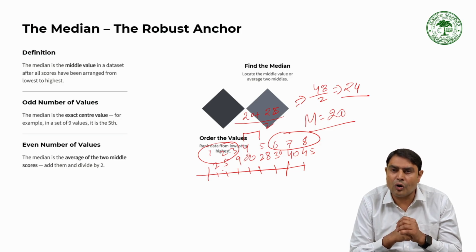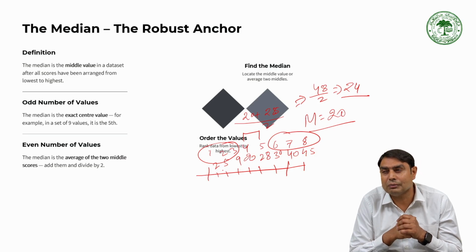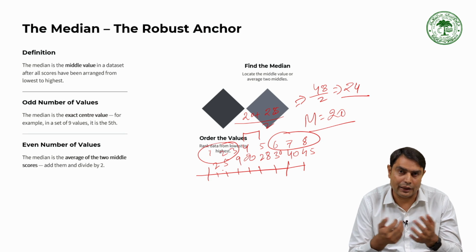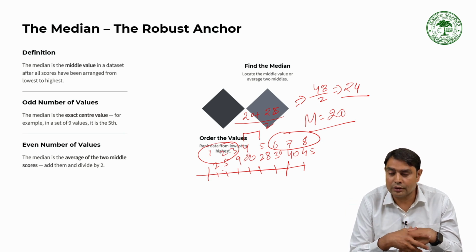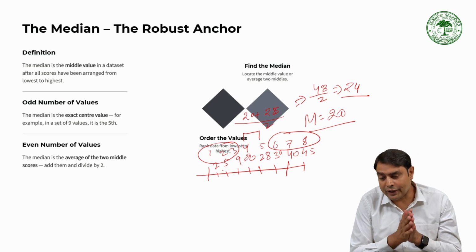The size of the value is not important. Outliers are not going to affect my value as badly as they do in the mean case.